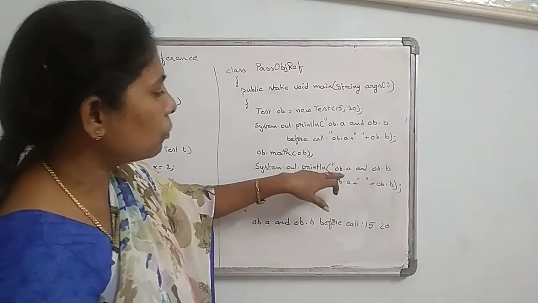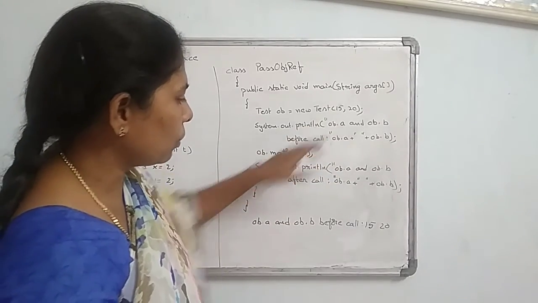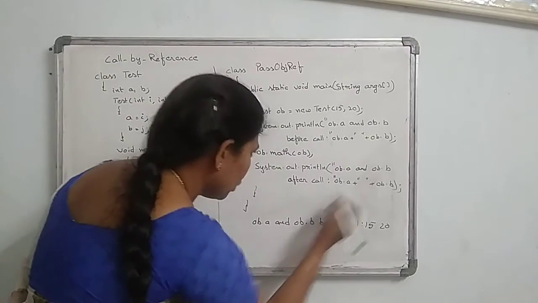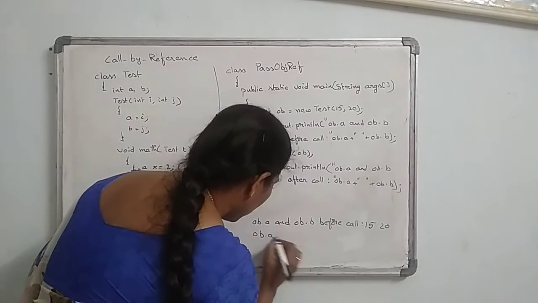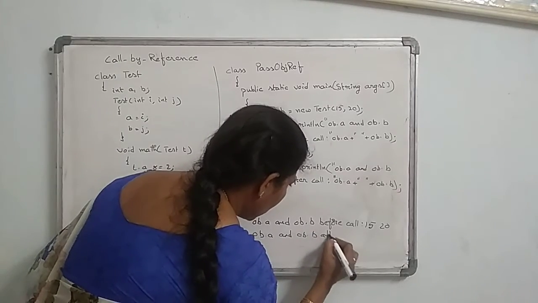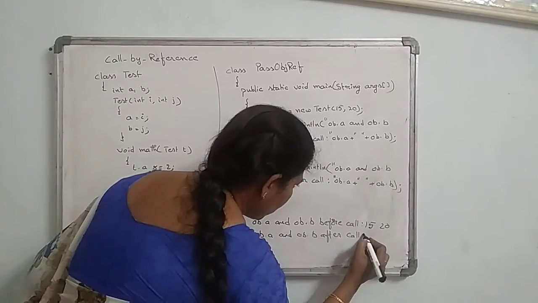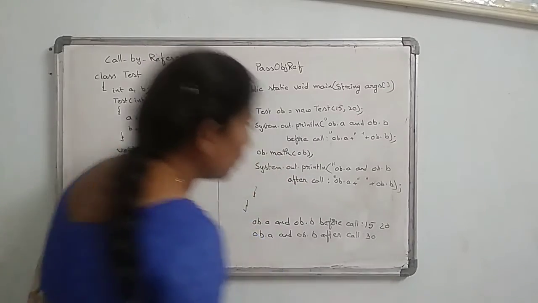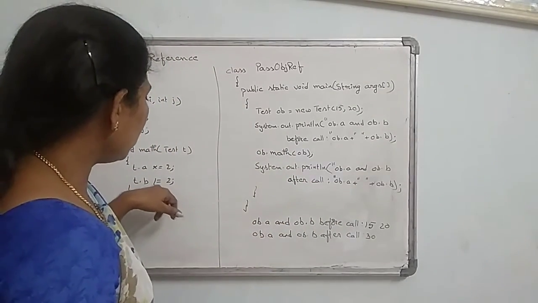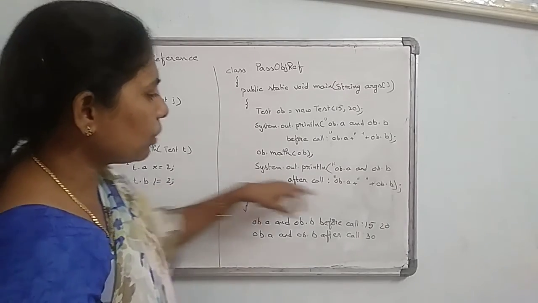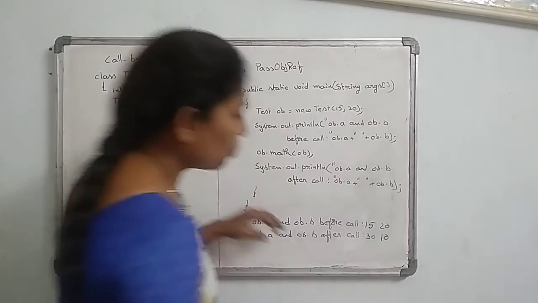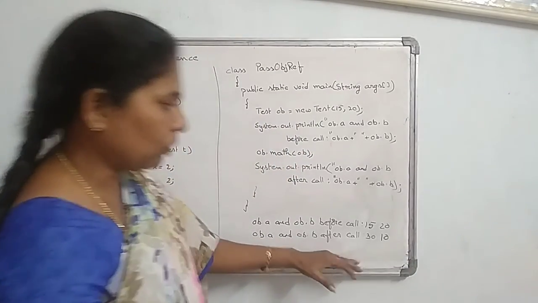So ob.a value is 15, that means 15 into 2, which means 30 in the output of ob.a and ob.b after call. And for the b value, t.b equals t.b by 2. So b value is 20, 20 by 2, that means 10. So it will print the values.